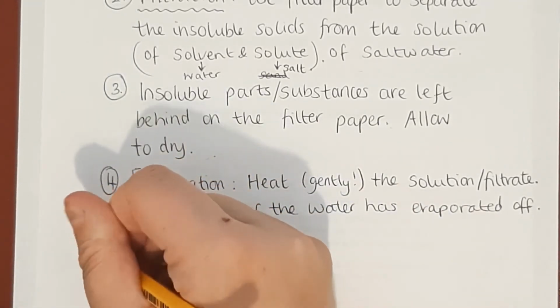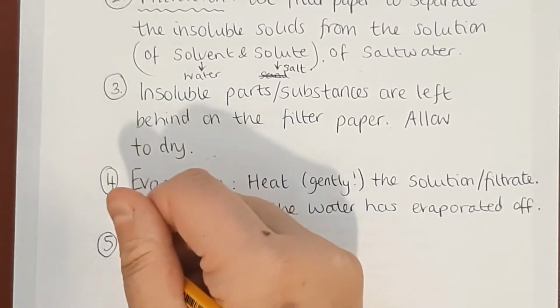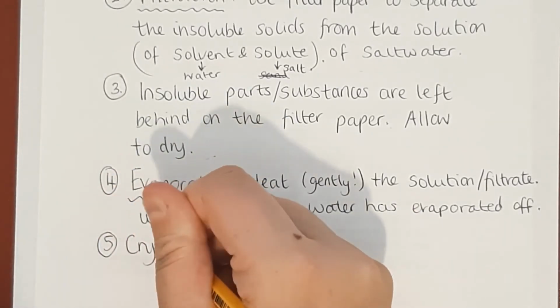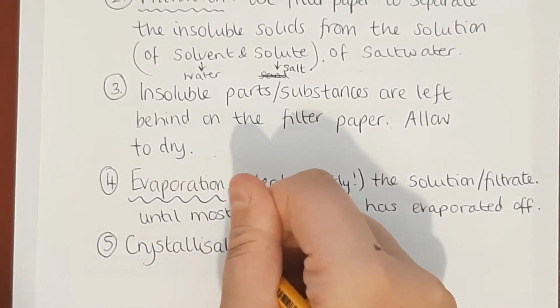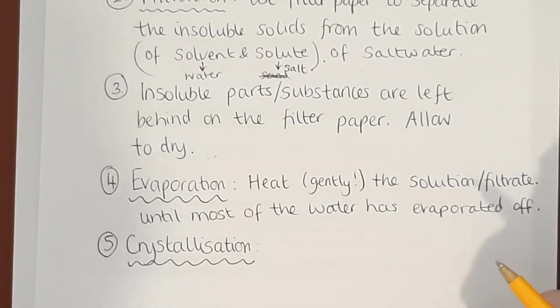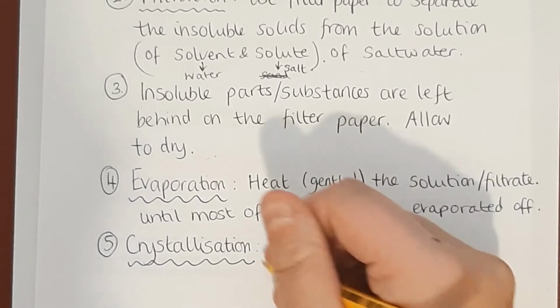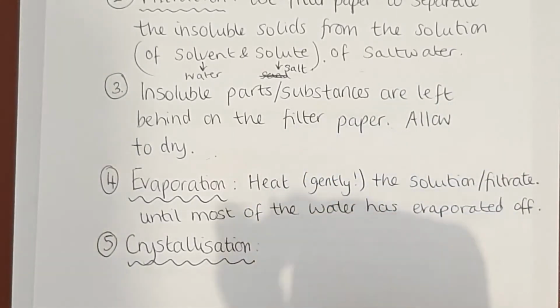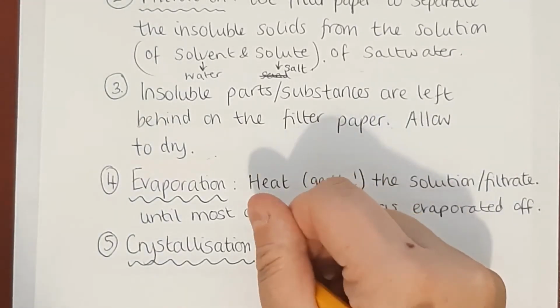So part 5 is when there's very little water left, and that is the crystallization process. And so we place the filtrate or solution. At this point, it's something called a saturated or even oversaturated solution, which means there is an awful lot of sodium chloride, salt, and not a lot of water there.